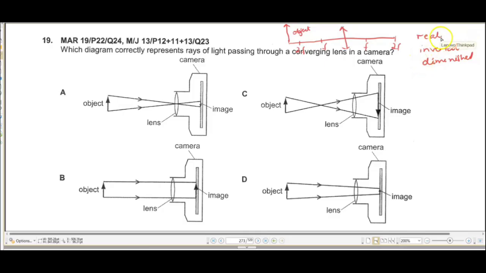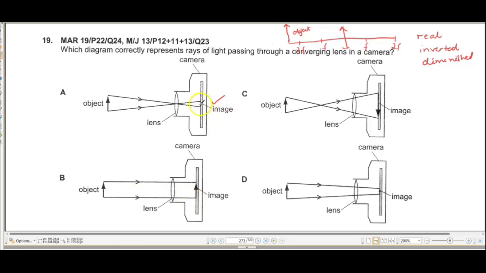And the image formed is always real because it can be projected on the screen. So these are the attributes of the image that are formed by the camera. So if we look at the diagrams over here, we have an object which seems to be bigger, and after converging through the lens, it becomes smaller. So this seems to be the correct option, but let's look at the other ones.